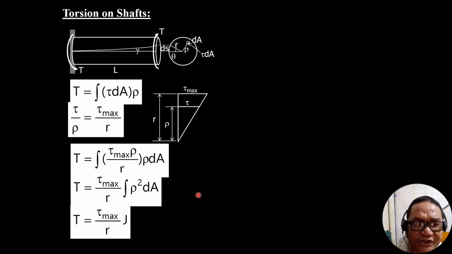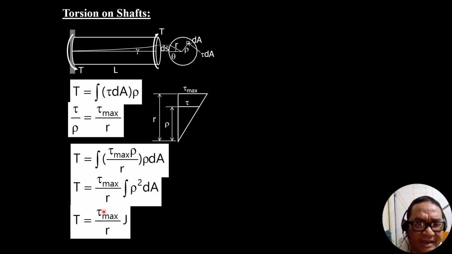So that shear stress is from this expression. In general, shear stress is equal to torque from here.